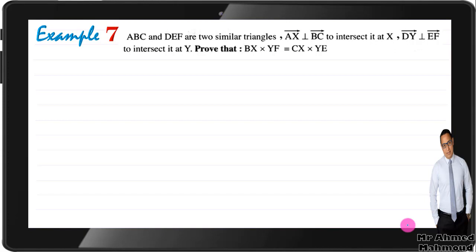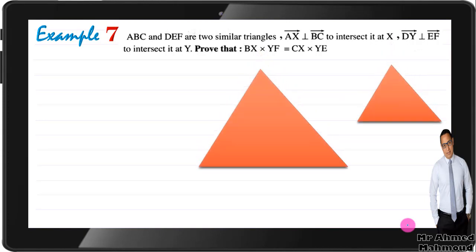ABC and DEF are two similar triangles. So I have to draw two triangles like this. I will call them ABC and the other DEF.